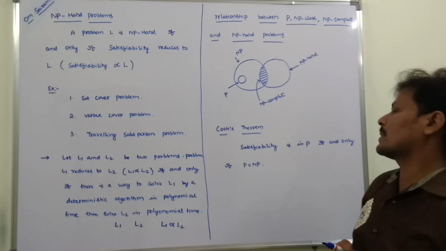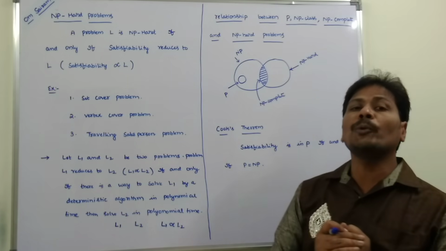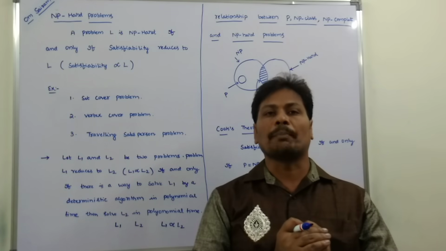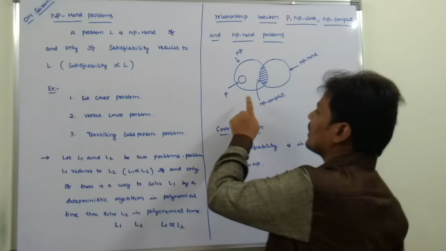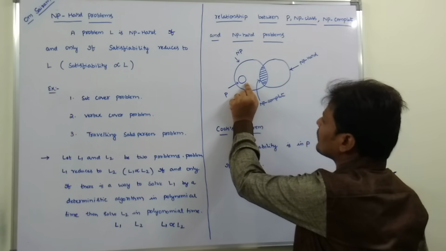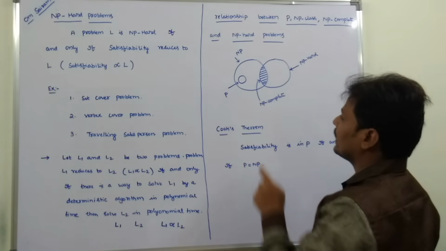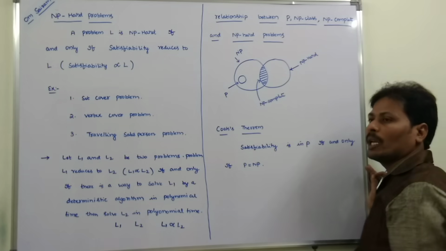Next, what is Cook's theorem? Cook's theorem addresses a universal problem: whether P is equal to NP. If the P class problems gradually increase, then P is equal to NP.